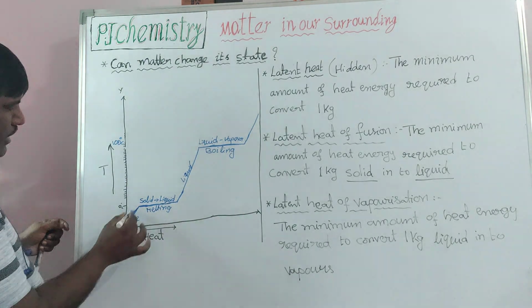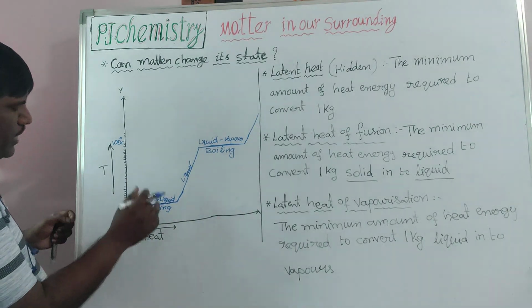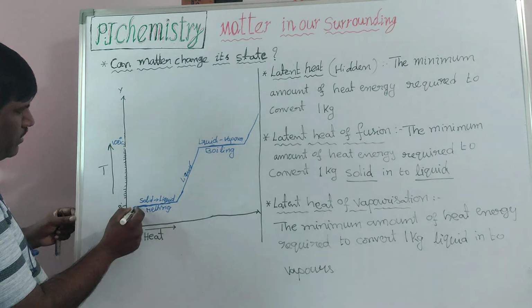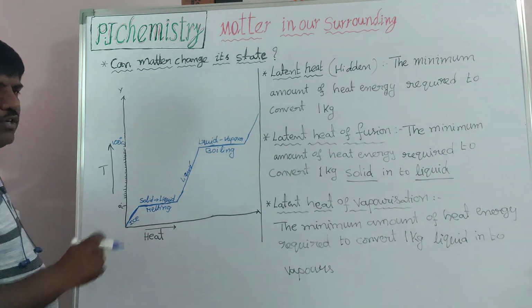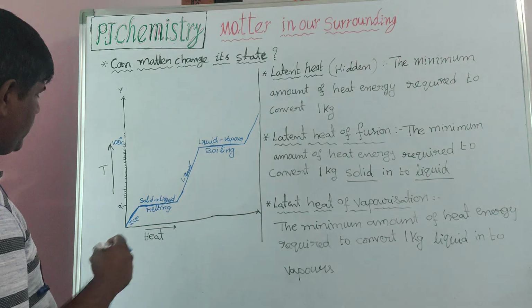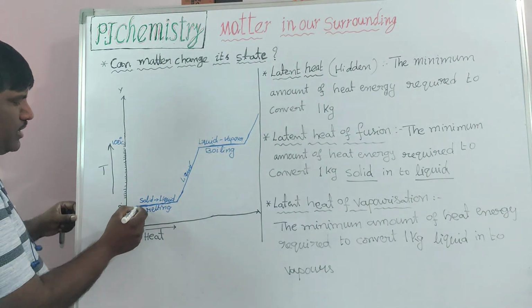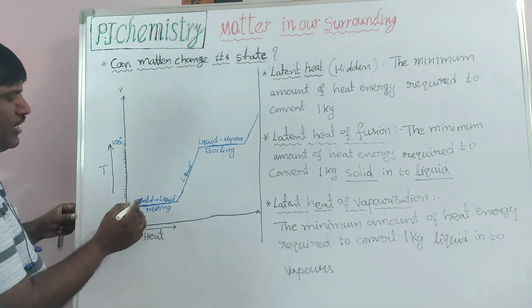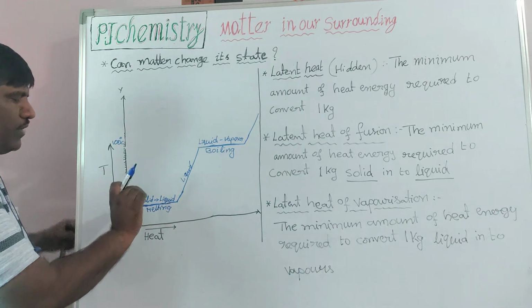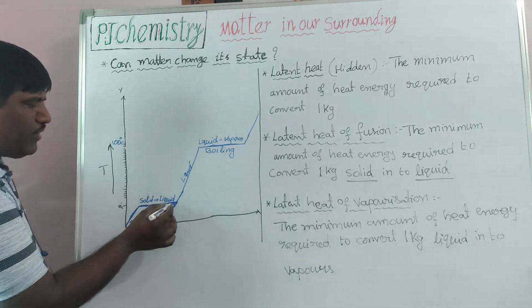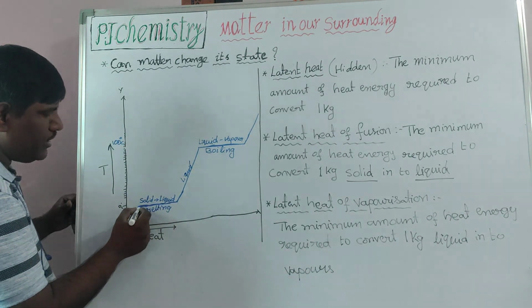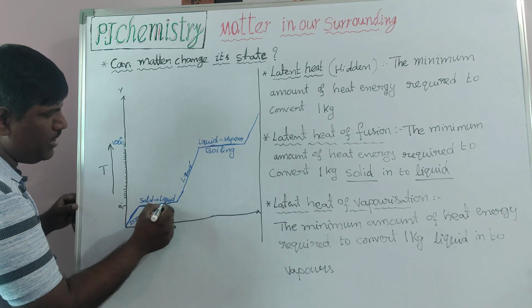This is the latent heat. Once every ice cube molecule reaches 0 degrees Celsius, we call it melting. At that time the ice cube converts into liquid. Until all molecules convert into liquid, the temperature is constant.